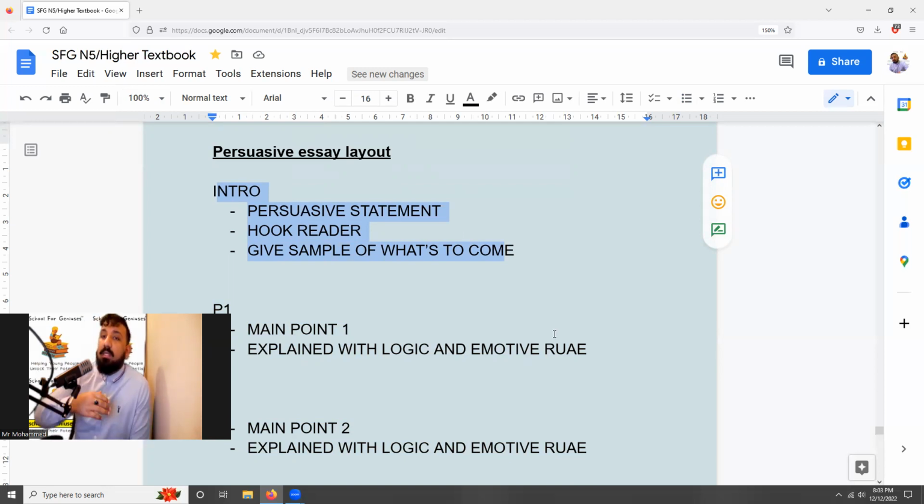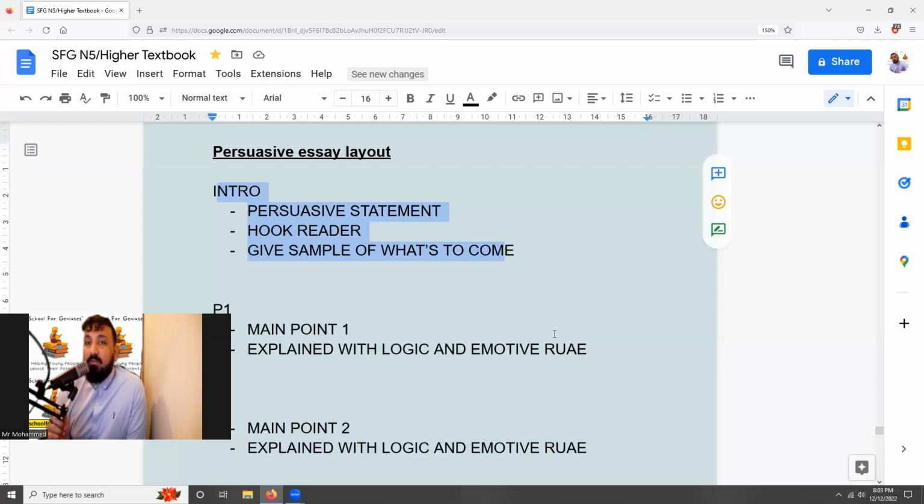So, begin with the persuasive statement. Begin by giving the clear statement of whatever your essay is going to be trying to persuade the reader about. Animal testing is wrong, full stop, or animal testing must be stopped, full stop. Whatever the statement is, give it, and start out with that so the reader knows this essay is going to be trying to persuade me about this thing.